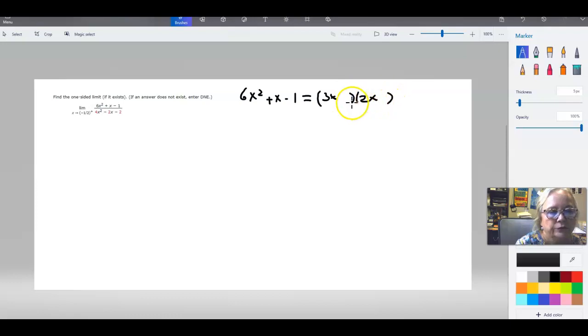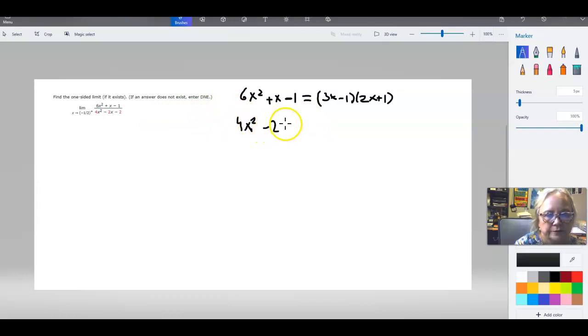And now we need to figure out which parentheses will have positive, which will have negative 1. So we need to have positive x and here minus. Let's check. 3x times 2x, 6x squared. 3x times 1, 3x. Minus 2x gives you 1x. And negative 1 times positive 1 gives you negative 1 here. So that's correct.